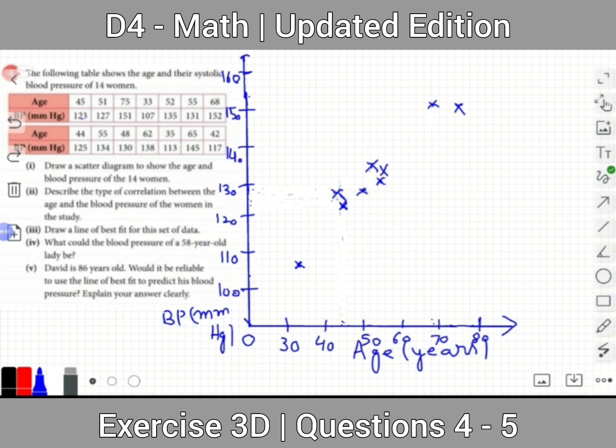Now for 48 and 130, for 48, here we have 48 somewhere here. And here we have 130, so we'll put a cross here.